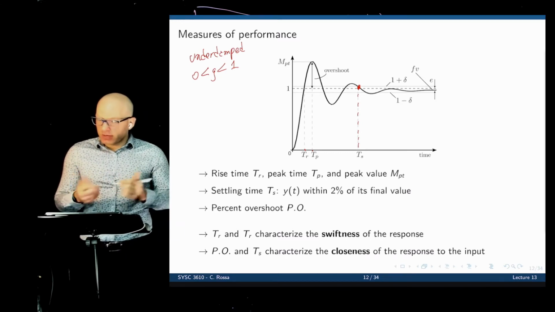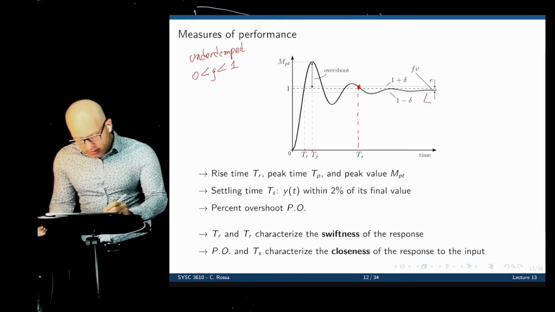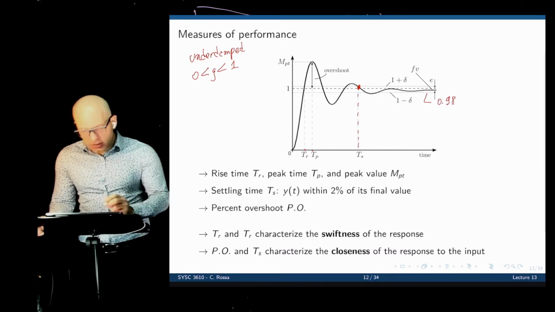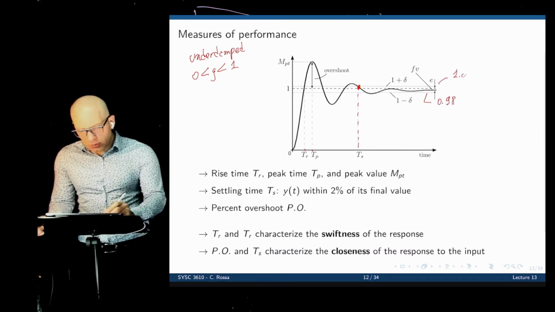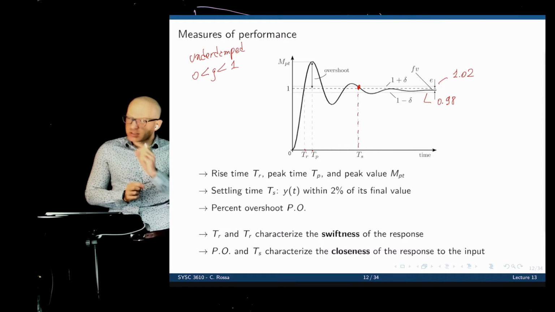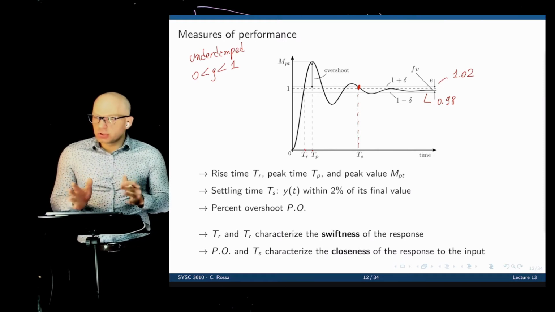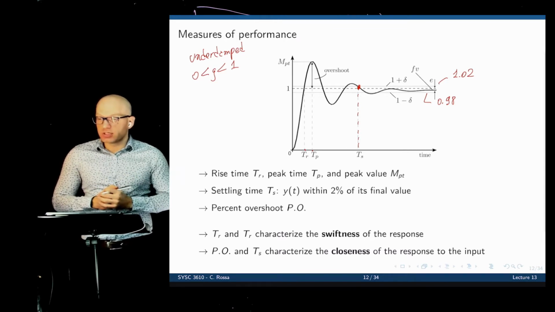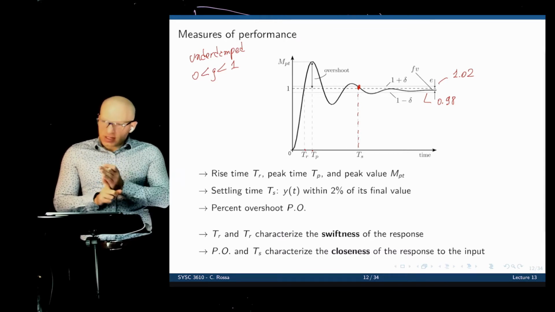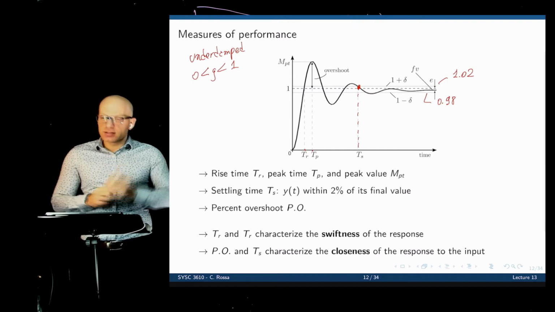So in this case, the final value is 1. So long as the output stays between 0.98 and 1.02, 2% of the final value plus or minus, we can say the system has reached steady state. The first point where it occurs, that's the settling time.